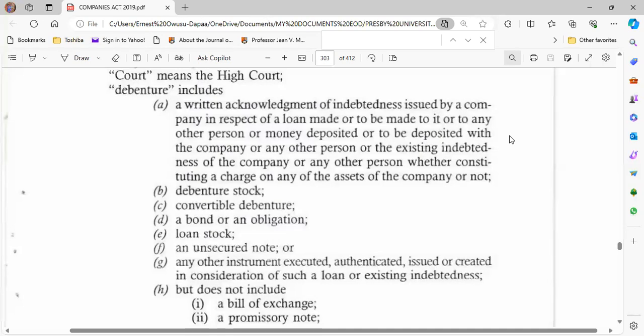So this is the meaning of the word debenture.